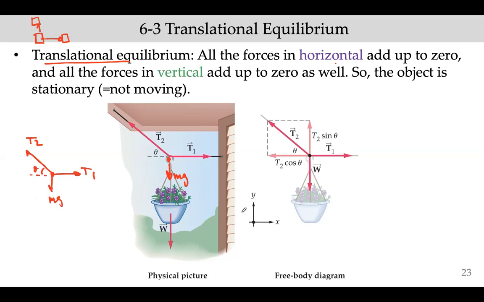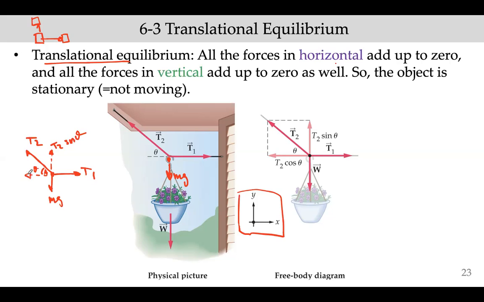Now, in this case, I would use this coordinate system. So I would like to have all the diagonal forces like these, I would like to find the components so that everything is on the x-axis and y-axis. So this component of T2 would be T2, and I'm going to use this angle, so I have to write sine theta.